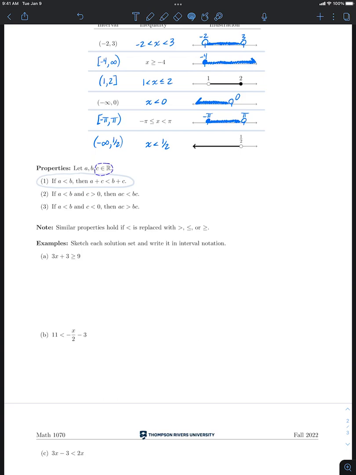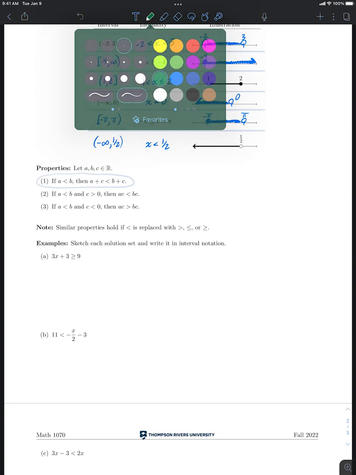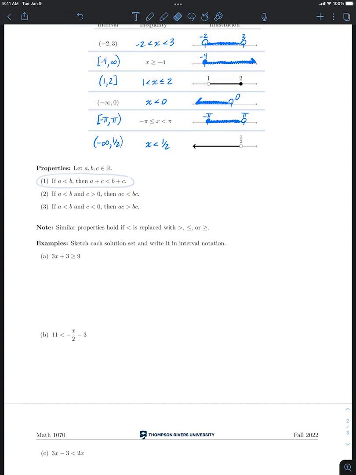So really, there's actually two properties in one here. I'm going to add a comment here. Because C is allowed to be negative, we can also subtract something from both sides. So let's add that in. Since C may be negative, we may also subtract from both sides.